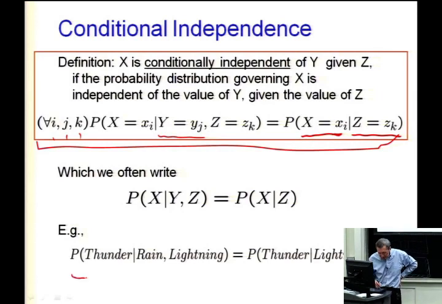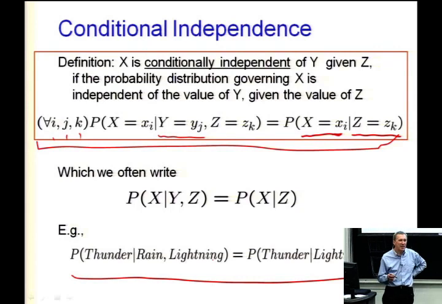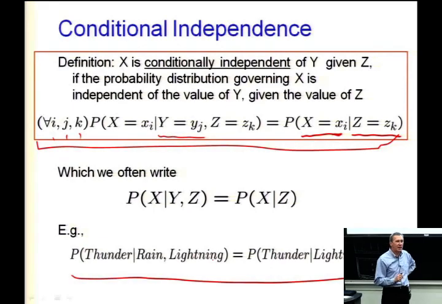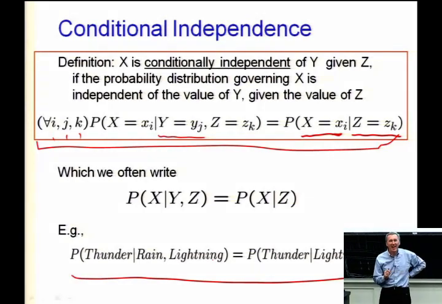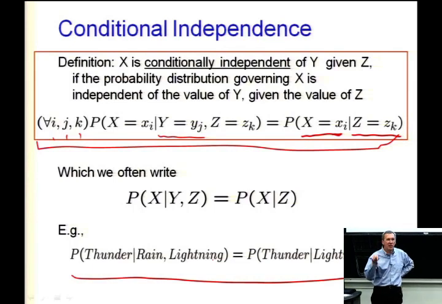Here's a simple example. I might say that thunder, rain, and lightning are random variables. At any given time, I could observe outside our window and see whether there's thunder, whether there's rain, and whether there's lightning. Because you and I know that lightning causes thunder, and it often happens when it's raining, but lightning doesn't cause rain, we know that if we can observe accurately the value of lightning, then we know the probability of thunder.